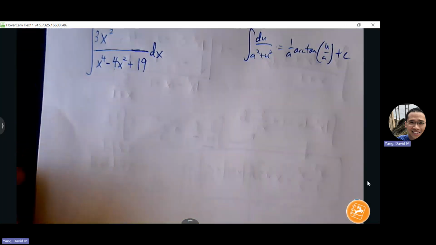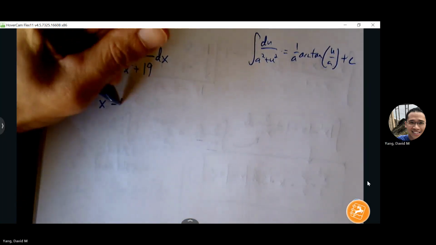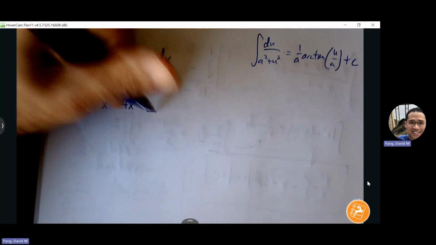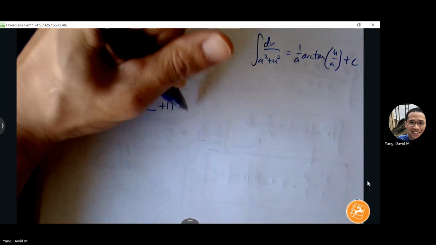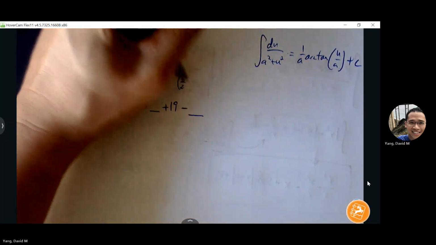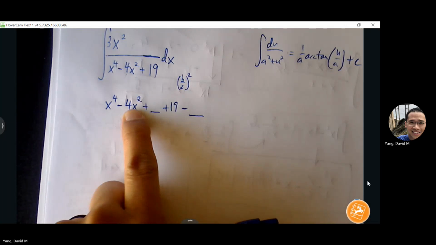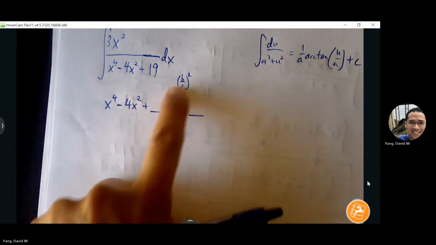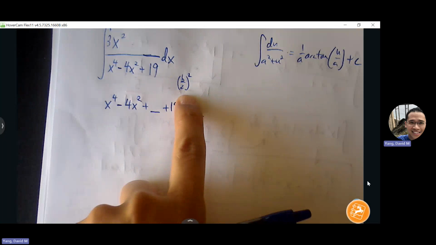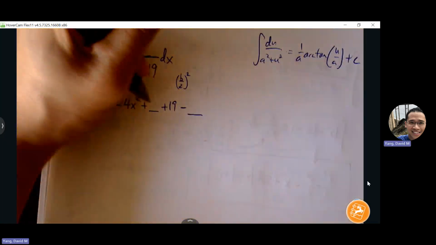So I do need to spend time factoring and complete the square for that denominator portion. So x to the fourth minus 4x squared plus space. My formula is b over 2 squared. So what goes in these spaces here? My b value is 4, so 4 over 2 is 2. 2 squared is 4.